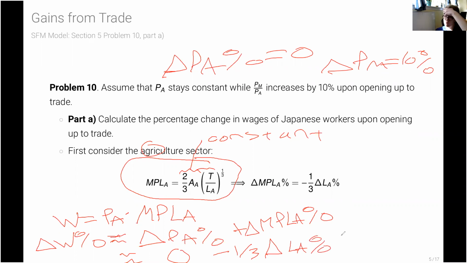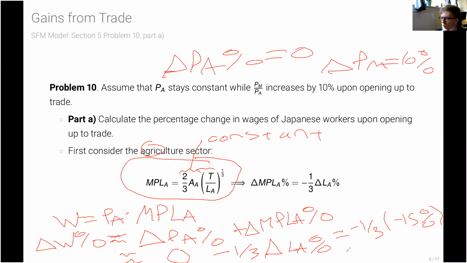Okay, but we know, and this is coming from problem 9, that LA is going to decrease by 15% when we open up to trade. We're going to have a reallocation of workers from agriculture to manufacturing. And so the percentage change in LA is going to be negative 15%.